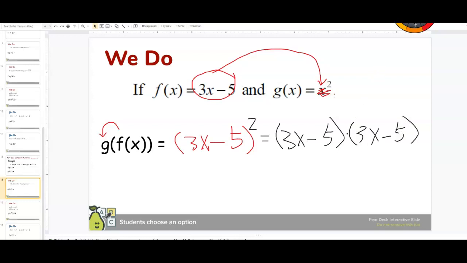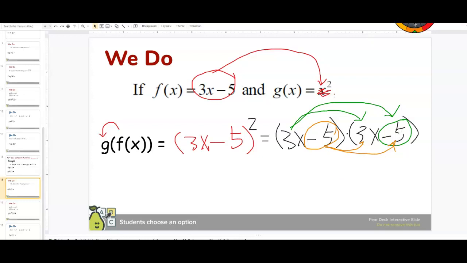And to keep getting rid of the parentheses, we're going to do the distribution. We're going to use 3x times 3x, and then 3x times the second guy in the parentheses, which is negative 5. Okay? And then we're going to use the second guy in the first parentheses, which is negative 5 times 3x, and then negative 5.